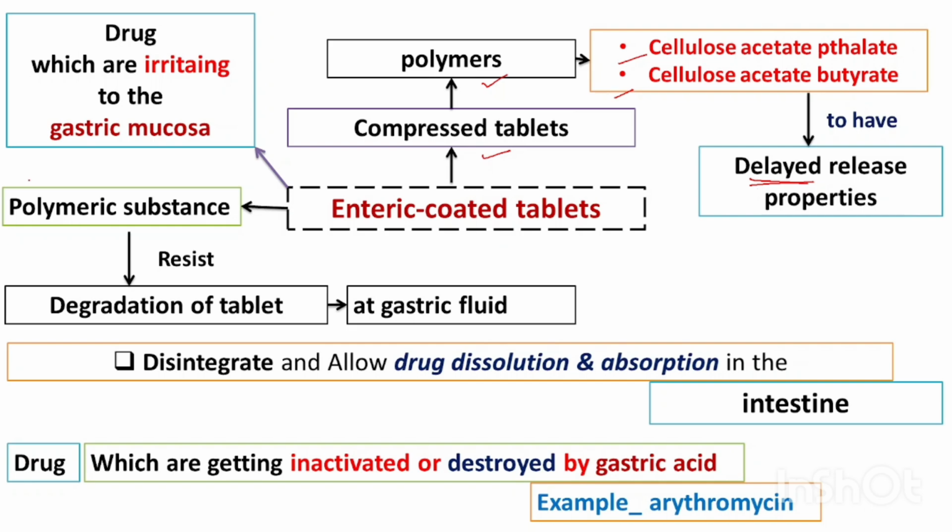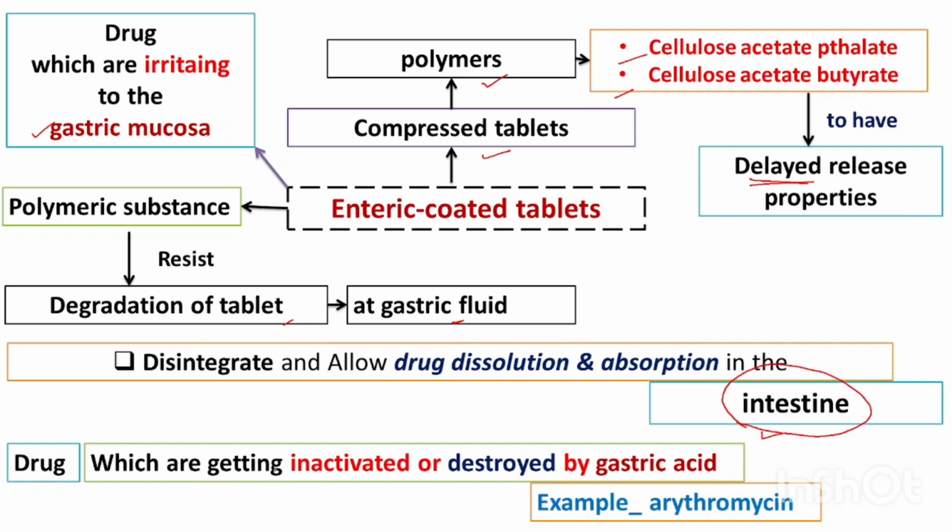Mostly for drugs which irritate the gastric mucosa, in that case we need to do the enteric coating of the tablet, right? Next, the polymeric substance will reduce the degradation of the tablet in gastric fluid. So mostly it will release or degrade in the intestine. So with the enteric coated tablet, the drug will be released in the intestine only, mostly, right?